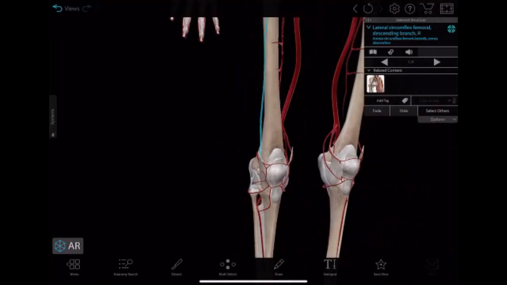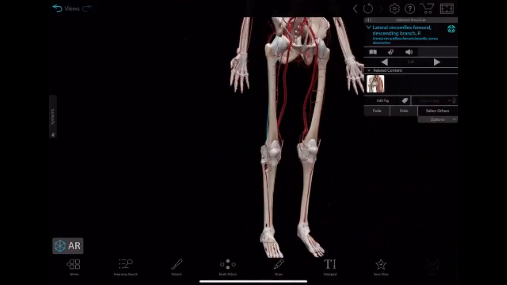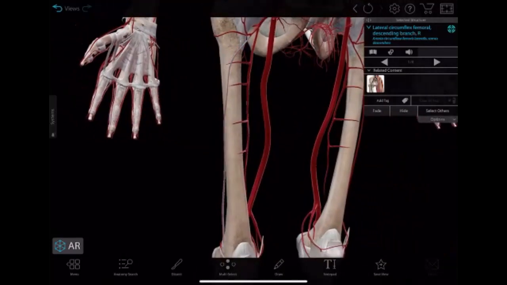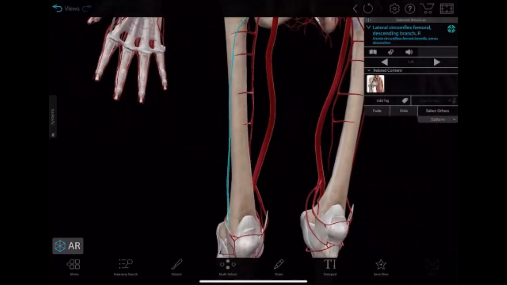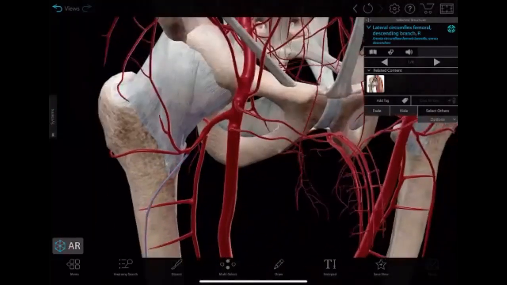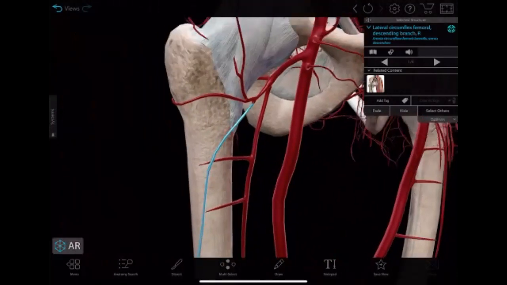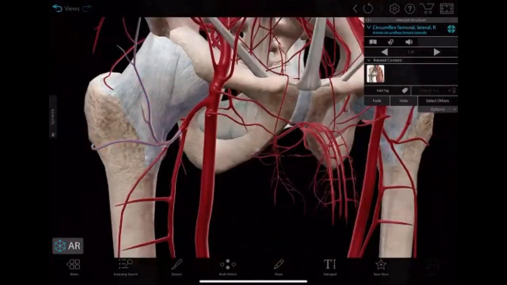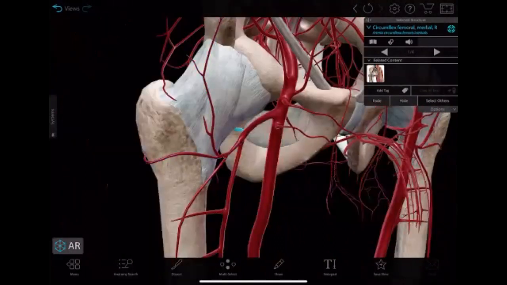You see, it came all the way from the proximal thigh to the distal thigh. So that is the lateral circumflex. The selected one is the medial circumflex, so it is better to view that posteriorly.